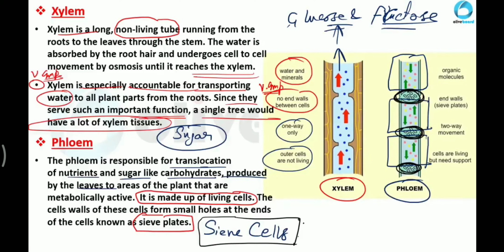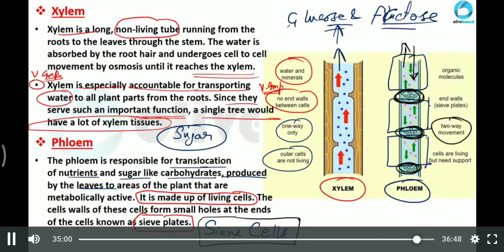With the help of these cells, essential nutrients can go and come back in their original path. So it is a two-way movement. Some food materials are going in the upward direction, and some food materials are going in the downward direction.